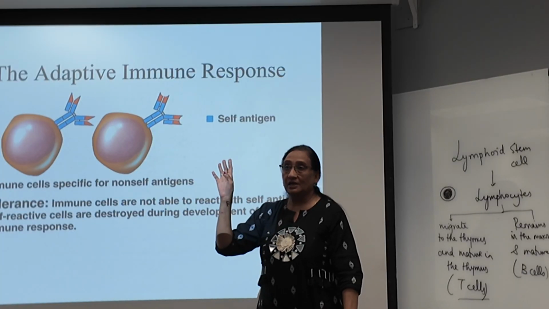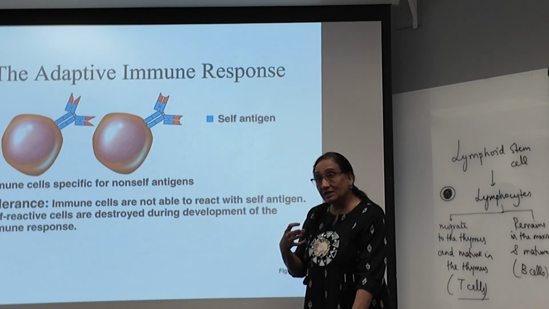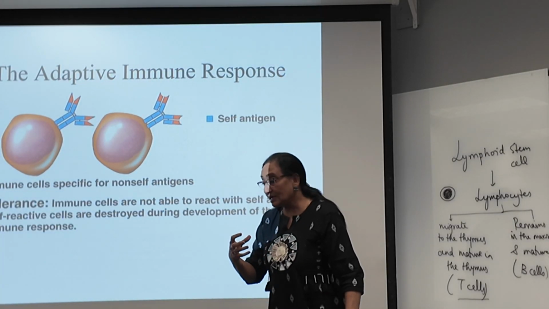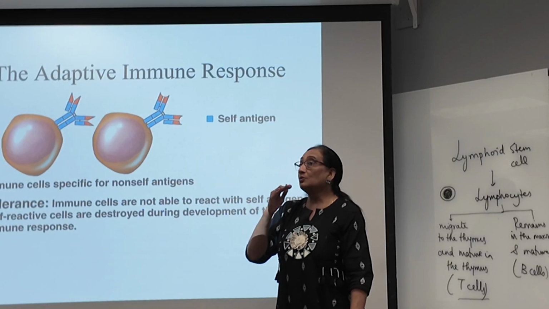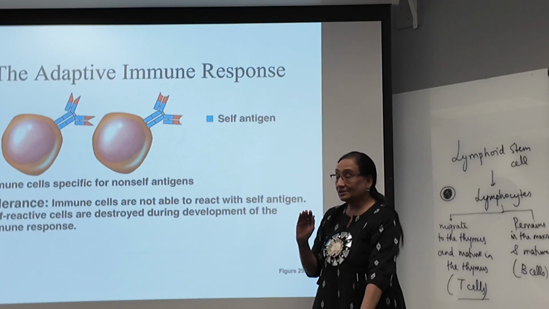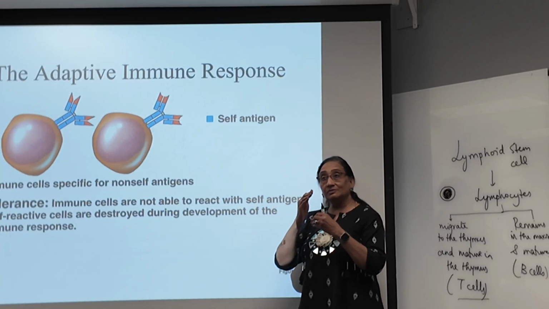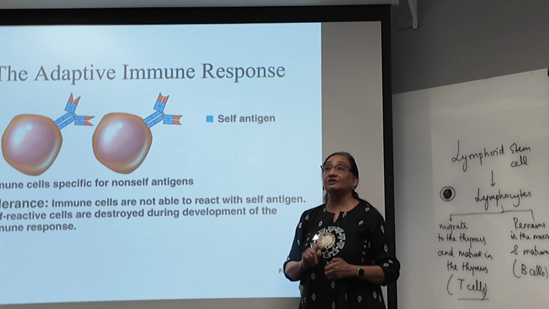They are destroyed. They are not allowed to even multiply. Only T lymphocytes and B lymphocytes that have the ability to recognize foreign antigens will be allowed to multiply and exist. So the immune system gets rid of any cells which might recognize self-antigen.